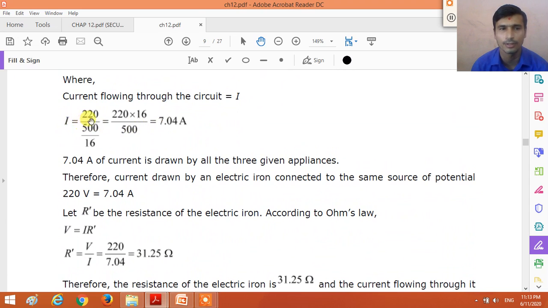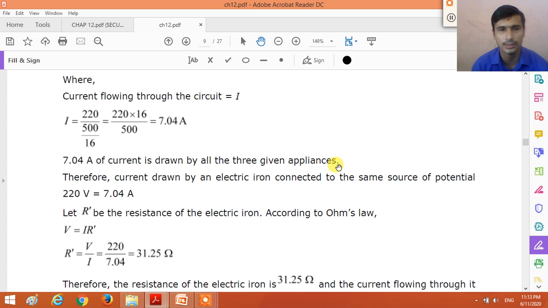I is equal to V divided by R. V is given as 220 volt and R we calculated as 500 divided by 16. So 220 multiplied by 16 divided by 500, we get the electric current passing through the circuit as 7.04 ampere, right? So 7.04 ampere of current is drawn by all the three given appliances.